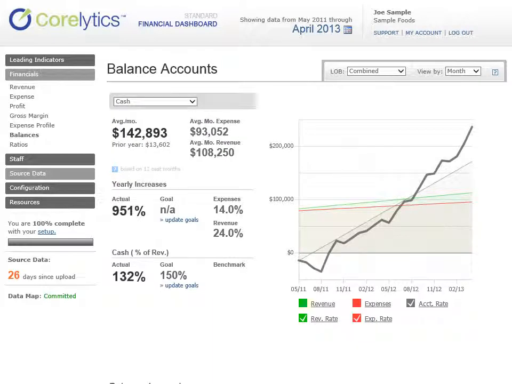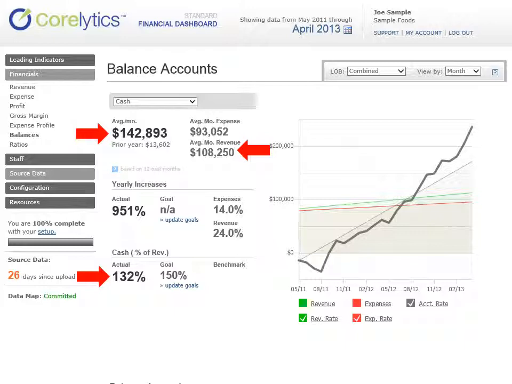Here we see that we've got a good balance in our cash account on average over the last 12 months. The line is going up nicely, and we see that this 142,000 is significantly more than the 108,000 per month average for the last 12 months, which is 132% of that monthly average.